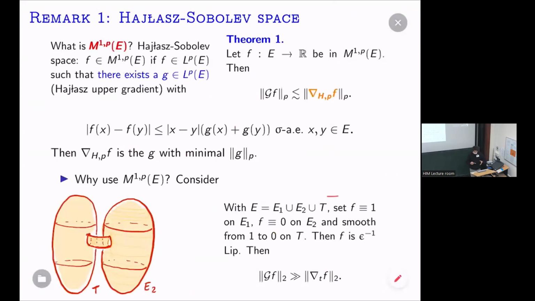The first thing that appears in the theorem that is not obvious is this M^{1,p} Sobolev space. This is the Hajłasz Sobolev space, which is defined as follows. A function is in this space if it's an L^p function, and moreover we can find another L^p function, called the Hajłasz upper gradient, such that this inequality holds almost everywhere.